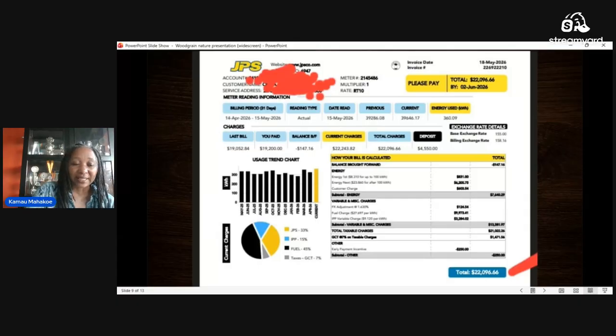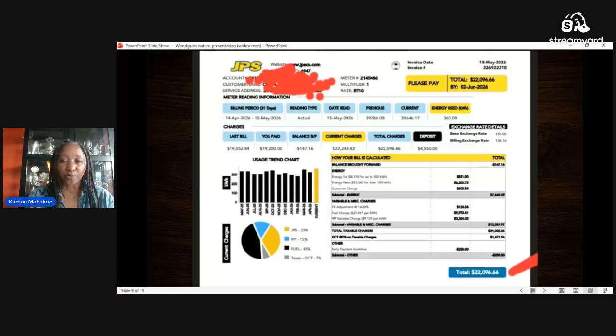Let's say one month you use 100 kilowatts, and the other month you decide you're going to cut down drastically on your usage. If they estimate the bill, they're going to charge you the same 100 that you used the last month. If they take the actual reading, then you will be charged exactly what you used.